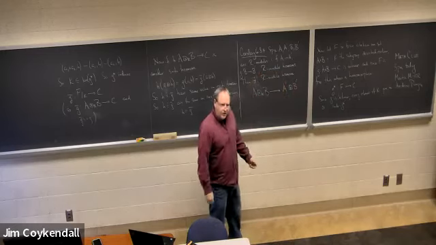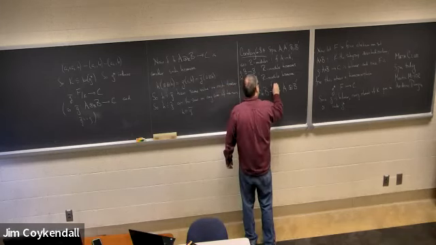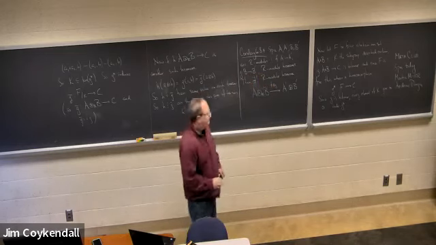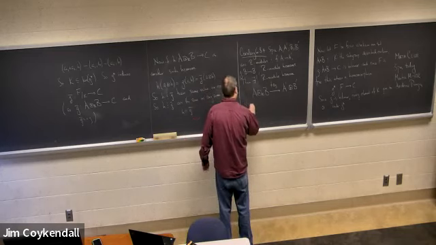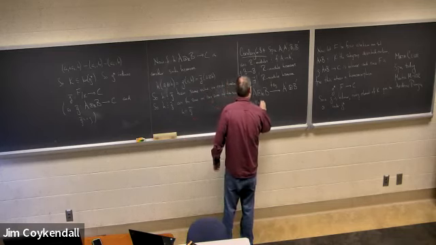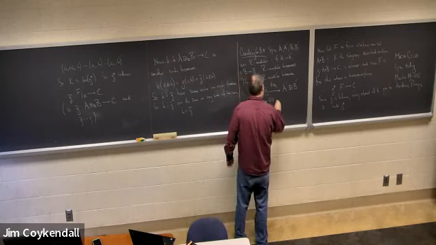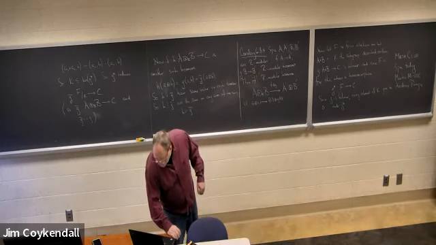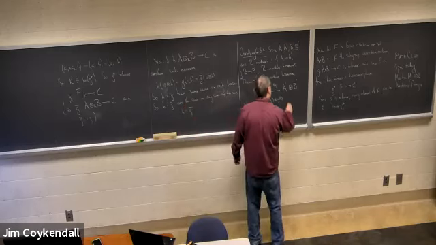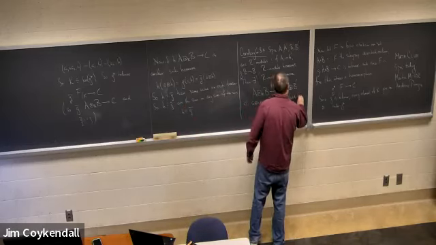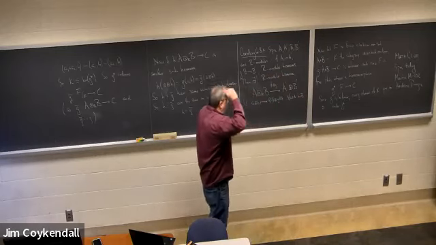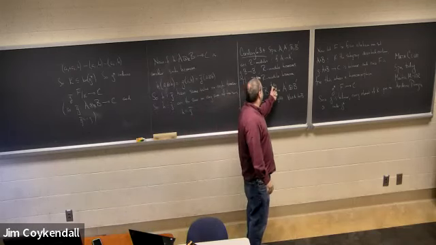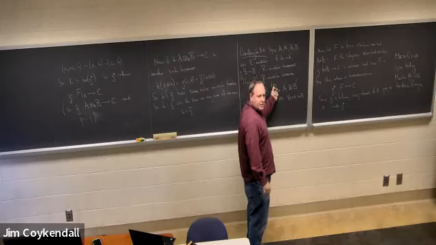And I'm going to give this a suggested name actually, F tensor G, such that F tensor G of A tensor B is F of A tensor G of B. This is often called the homomorphism induced by F and G.